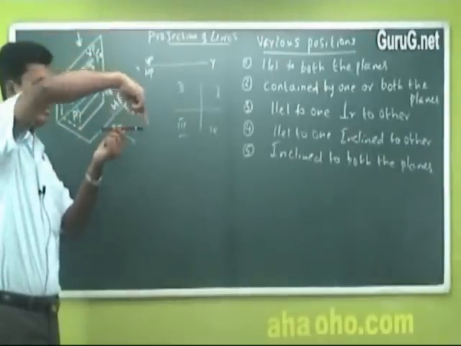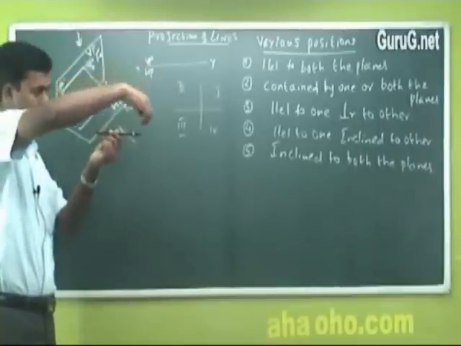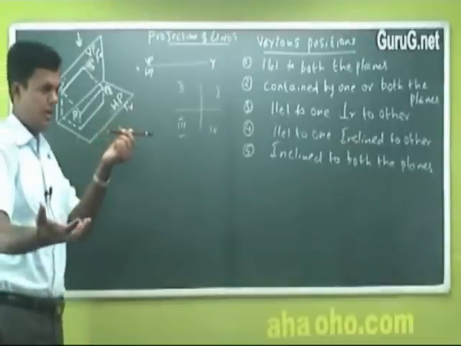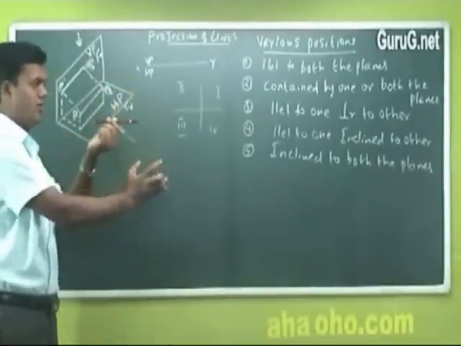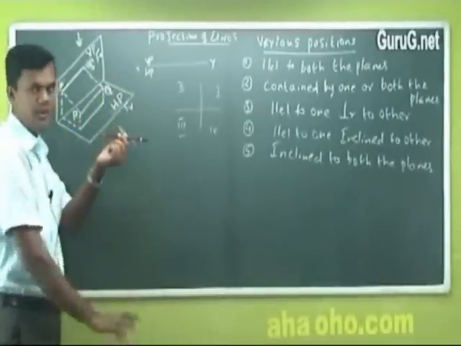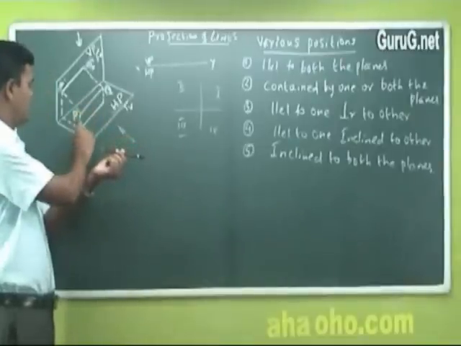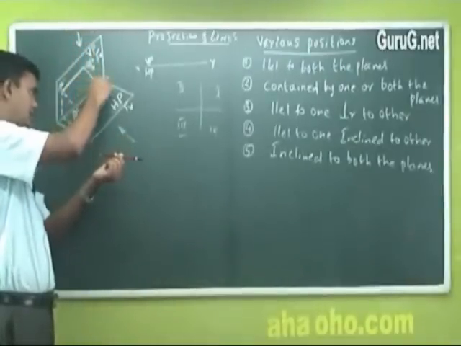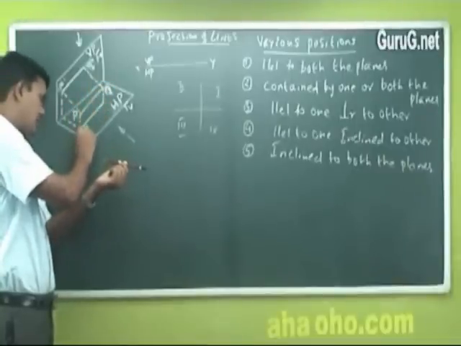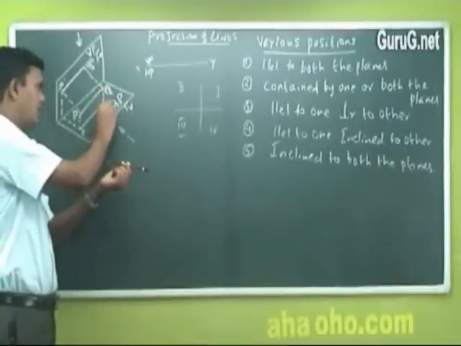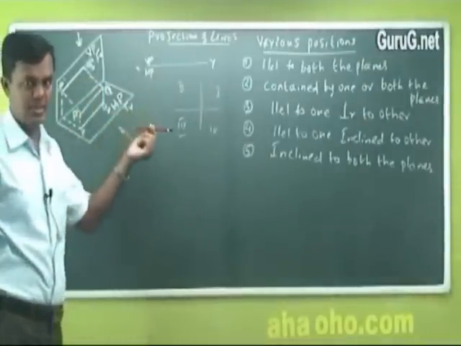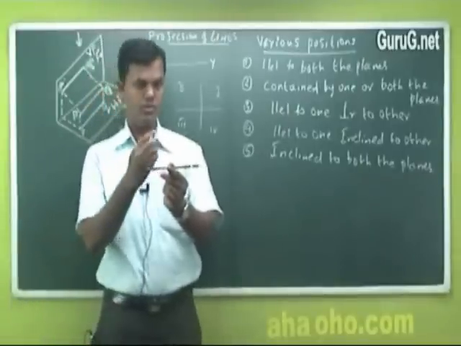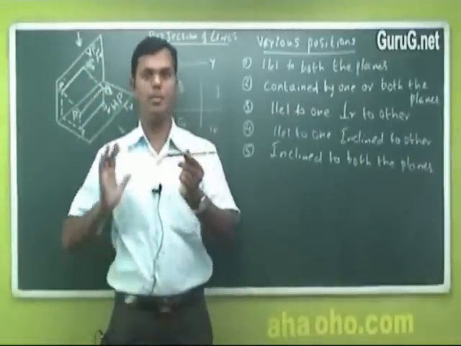When you see from the top, again it is a line only, same P and Q. You will draw it in the bottom, because the top view has to be drawn in the bottom of the board. So from the top when you view this line, it's P and Q only. I'll write P and Q here. It is just an indication of a line which is parallel to both the vertical plane and the horizontal plane.